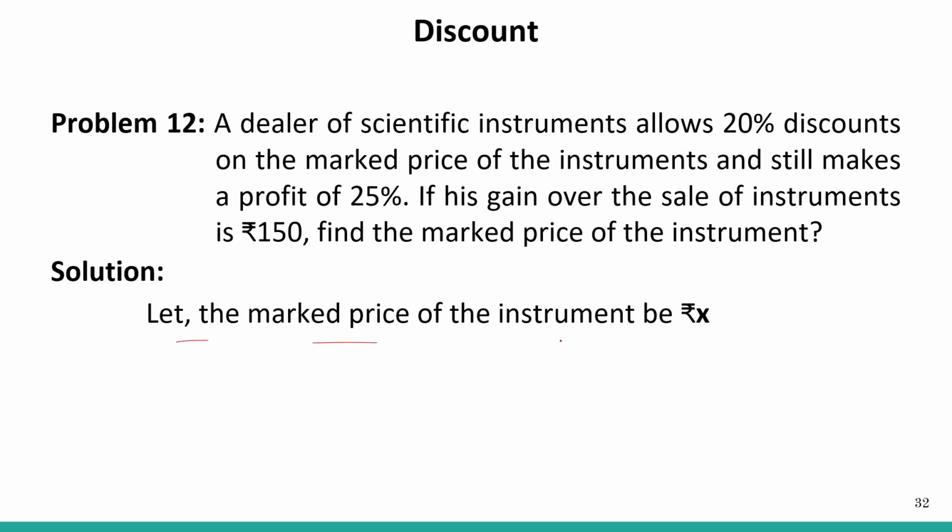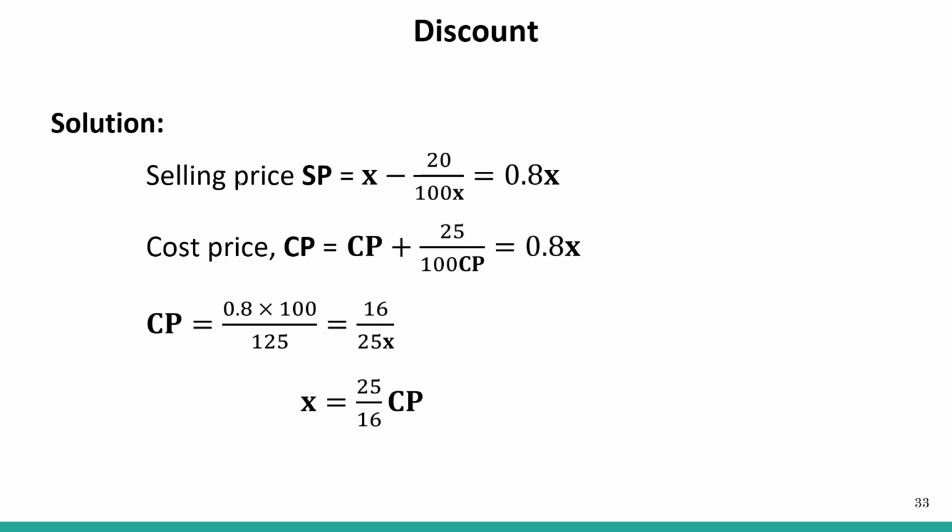So let the mark price of the instrument be X. So selling price is equal to what? X minus 20 by 100 X, which is equal to 0.8X. So cost price will be CP plus 25 by 100 CP is equal to 0.8X. So solving it for X, what we are left with is X is equal to 25 by 16 into CP.